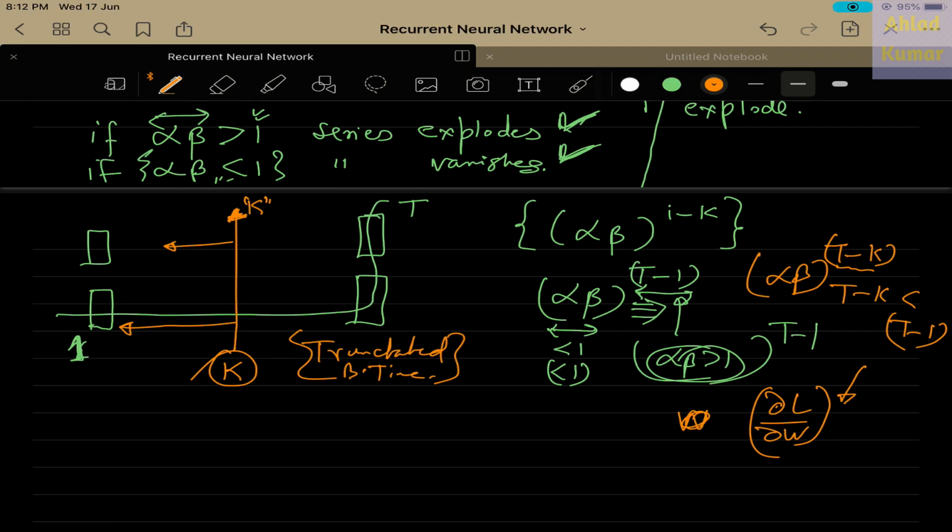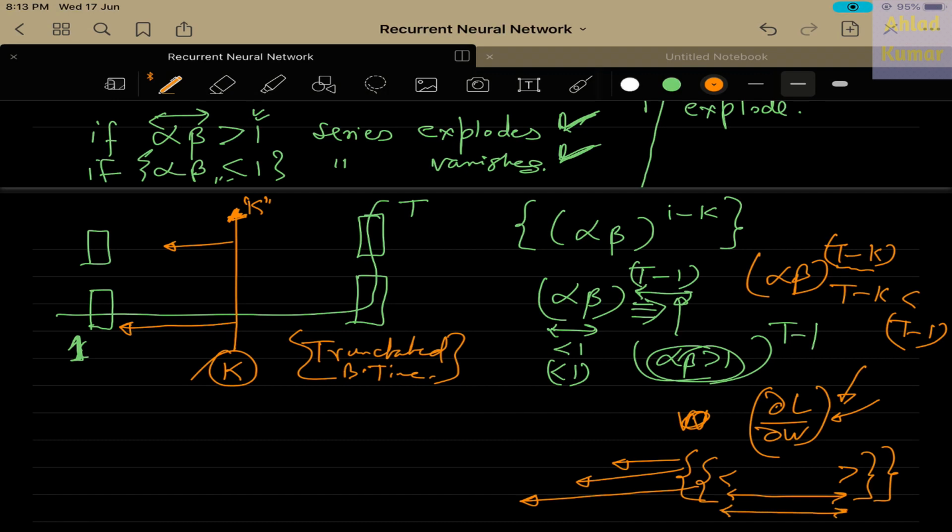What we do is we clip these derivatives to lie in a specific range, and if it goes beyond that range, we clip it so that it again lies in this specific range. This approach is called clipping of the gradients, and we can do this very easily using TensorFlow, so that the gradients neither explode nor vanish. So this is the second way of avoiding the vanishing gradients.